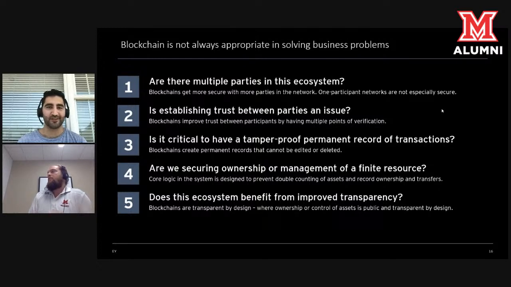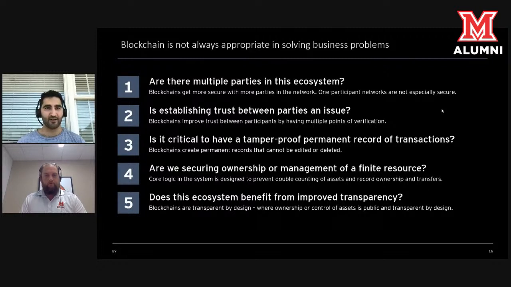A one participant blockchain is not especially secure because there's no sharing and checks and balances, but blockchains are also not ideal for querying, so it becomes a really bad database. From a technical perspective, it becomes a slow database.